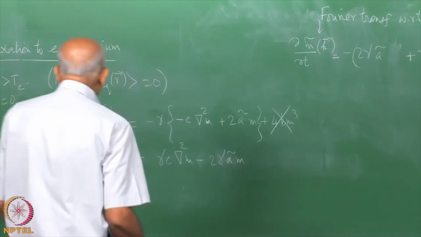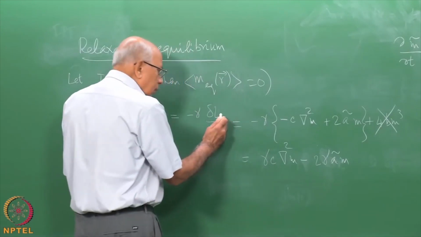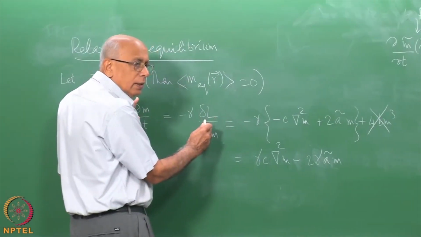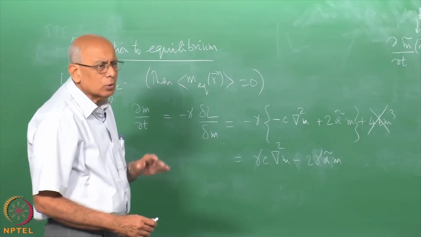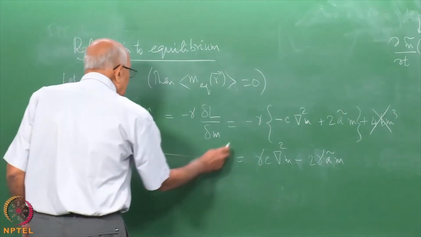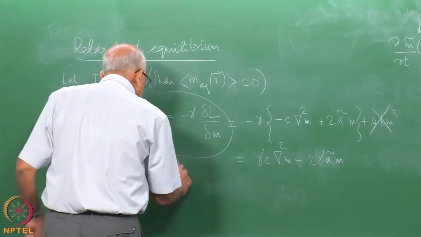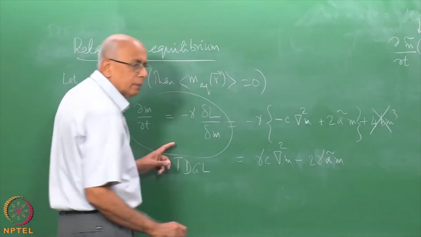Incidentally, this Langevin equation, this relaxation equation, the full nonlinear relaxation equation is called the time dependent Ginzburg-Landau equation when applied to superconductivity. So just this alone with the full nonlinearity is the time dependent Ginzburg-Landau equation.